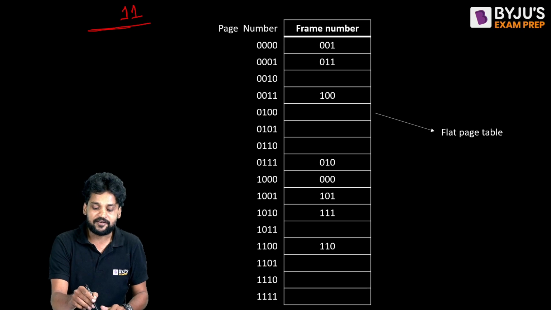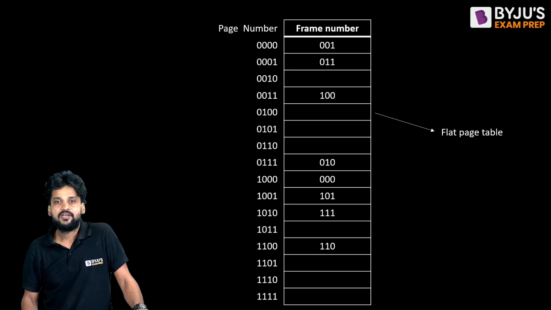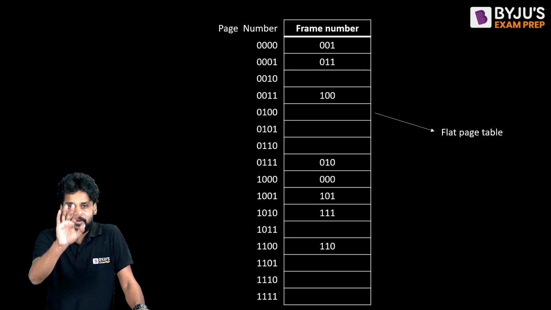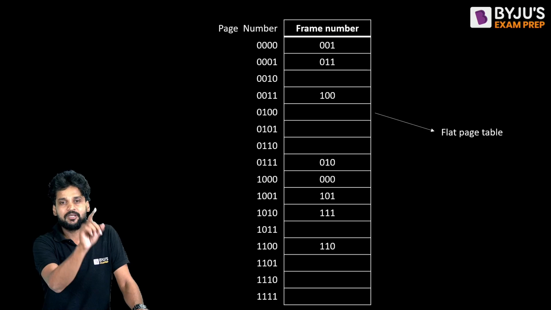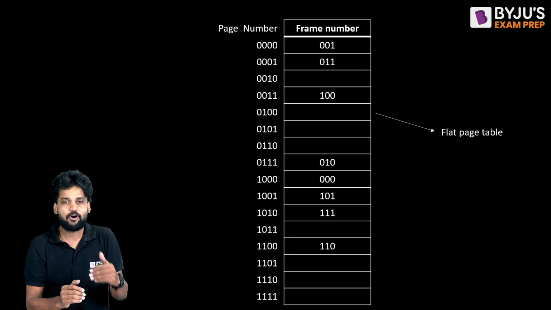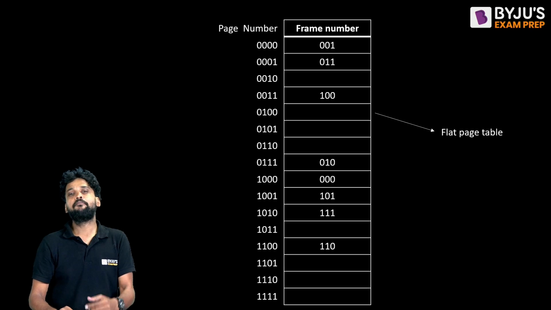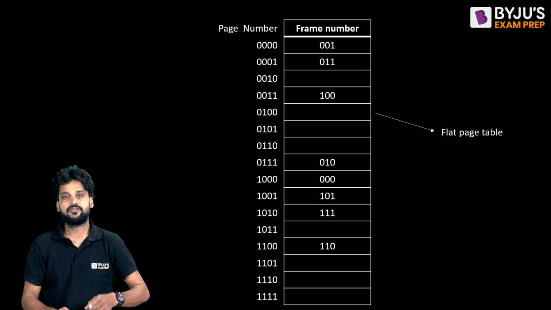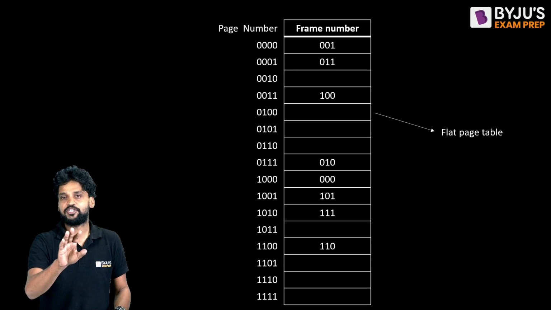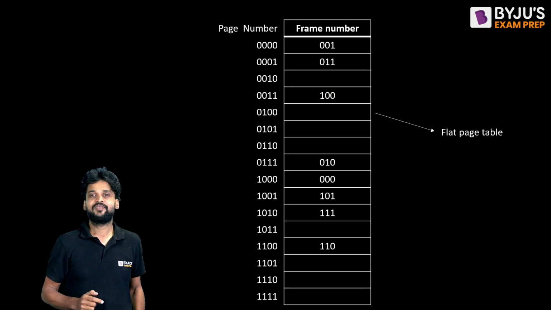So understand how the page table is designed and constructed. In order to design a page table, we need to go to the main memory and ask for some provision, some accommodation, for this page table. Immediately the main memory is going to ask one question: okay, fine, you want to design a page table, I will give you some space, but how much space do you require?